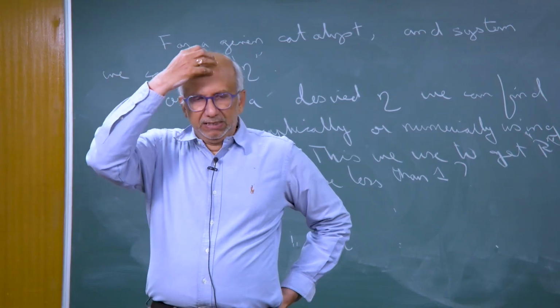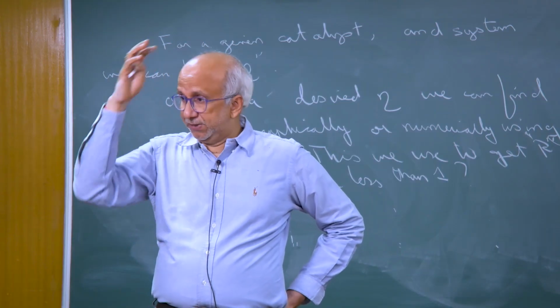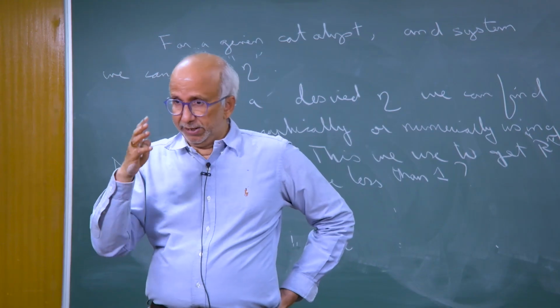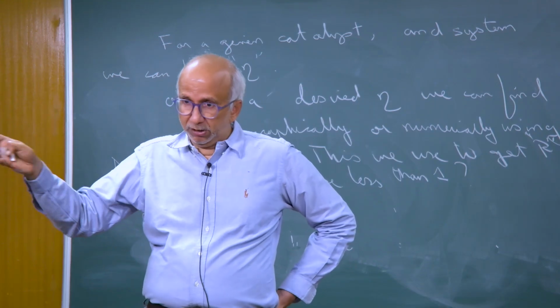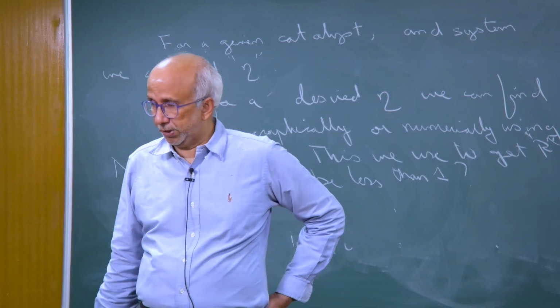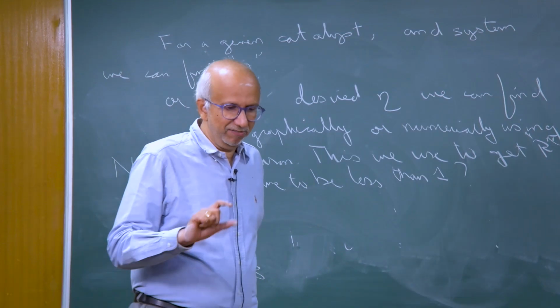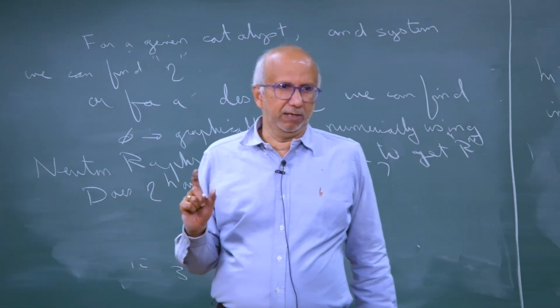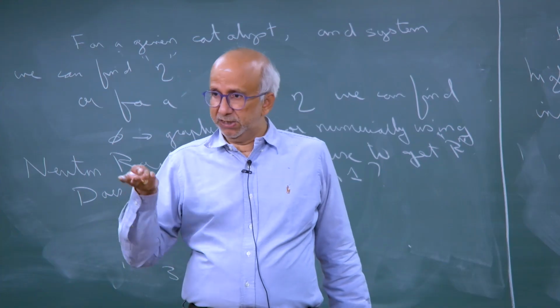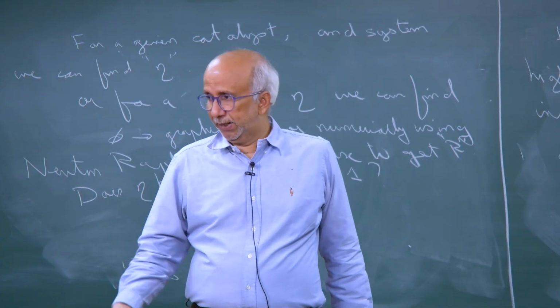And the other thing is, whatever I have done is for irreversible reactions. So, whatever I have done so far is for A giving products, not A giving products giving back A. So, we are assuming everything is irreversible. If it is reversible, then things become a bit more tricky, because you have a forward reaction and a backward reaction, and you have to consider two reaction rates and then do the analysis.